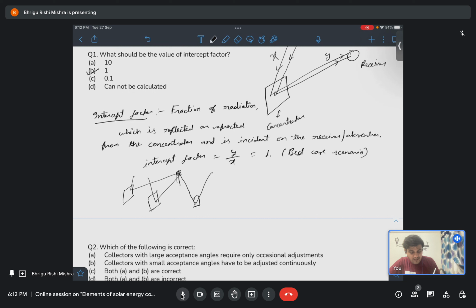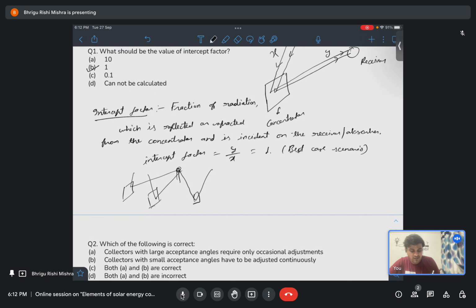And then the distance between these heliostats or mirrors and the receiver can be as large as 500 meters. These are very big plants spread over acres of land. So the distance can go up to 1 kilometer also.